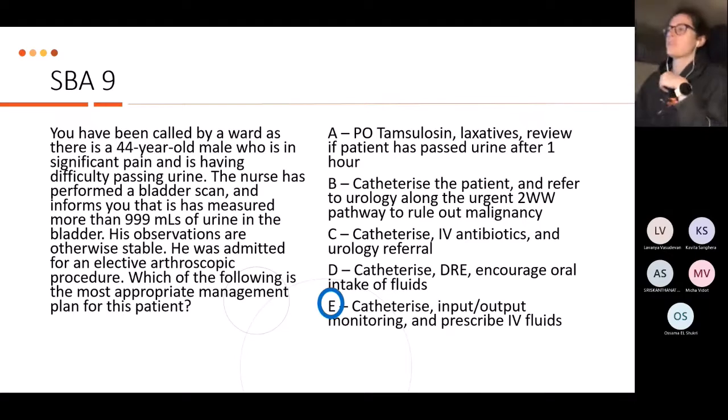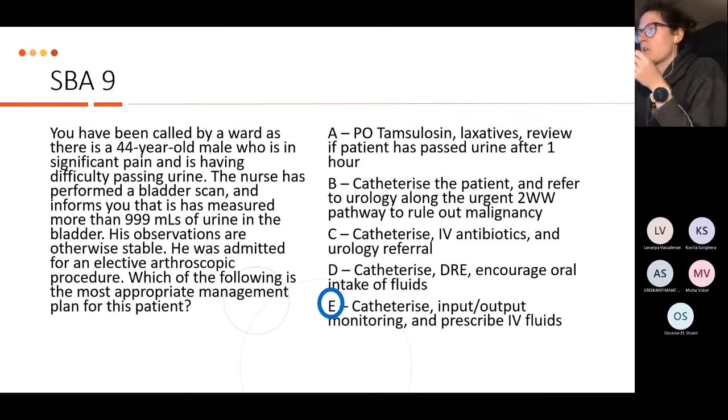You're not going to do A, because we have a high suspicion that there's a lot of urine in this patient's bladder, and giving another hour is pretty mean, to be honest. Catheterizing and then referring. So B and C, catheterize is definitely correct. I hope that's obvious.